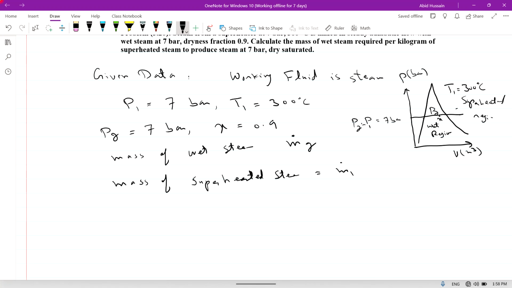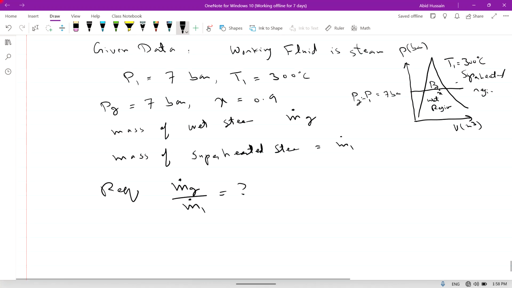Calculate the mass of wet steam required per kilogram of superheated steam. It means that what is required is m2 dot divided by m1 dot. The mass of wet steam is m2 dot, and the mass of superheated steam is m1 dot. So required is to find m2 dot divided by m1 dot.